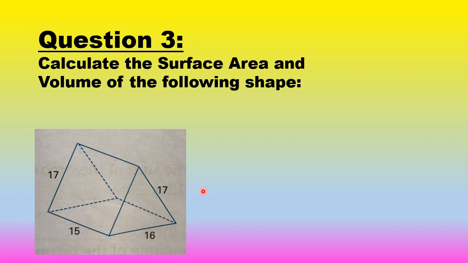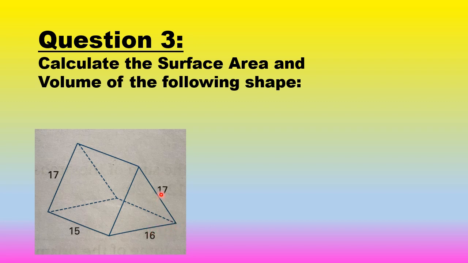Okay, then question number 3, a little bit of a different one. If this one's 17, it's indicated there as well. It's also 17. So we need the height over there. So this is almost the same as the example that we did. Please draw in a 90-degree triangle by splitting this triangle in two. And then you're going to say, okay, over here the base, if you work with half of that, would be 8.